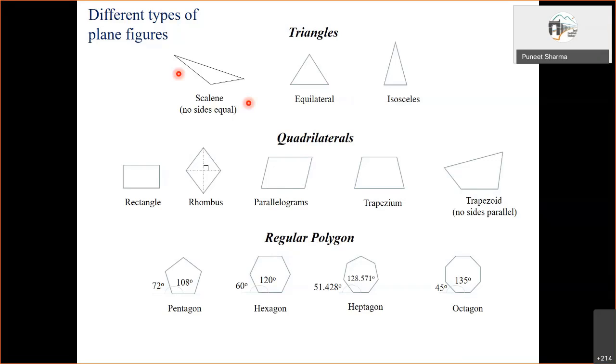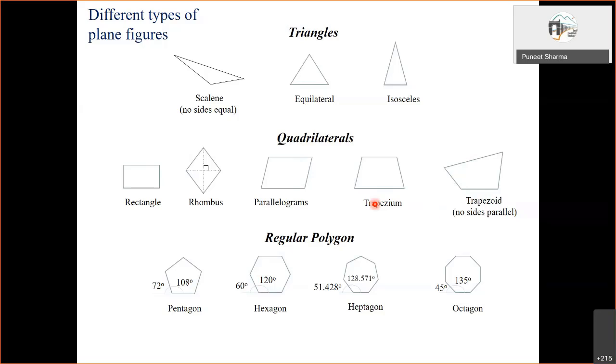So these are the three possibilities with the triangles. Then we could have quadrilaterals, right? So we could have one where the sides have no corresponding similarities or relations, right?